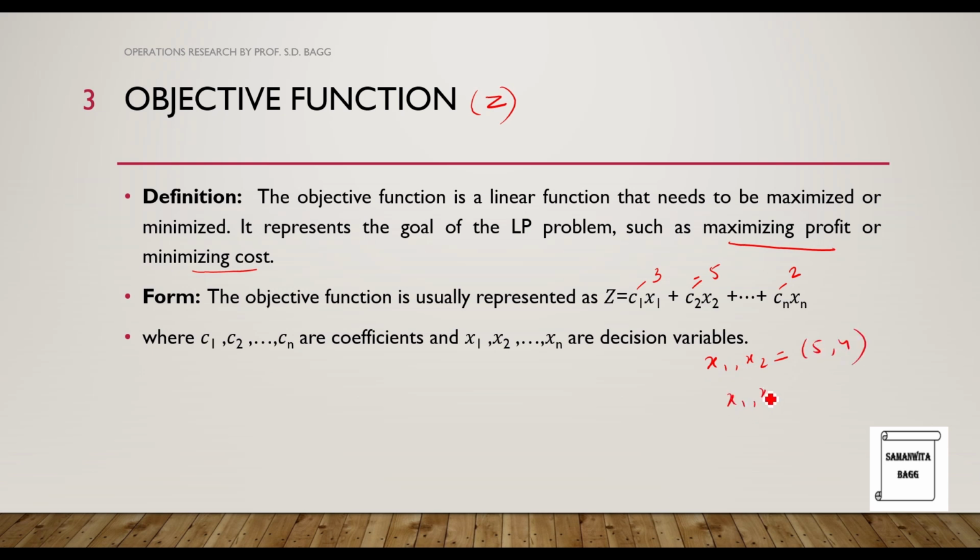You can have x1, x2 again as say 7, 8. You can have x1, x2 as say 2, 1. Some numbers will be found, and amongst these, whichever value you substitute and fulfill the objective function of maximization or minimization type, accordingly you are going to choose the answer.